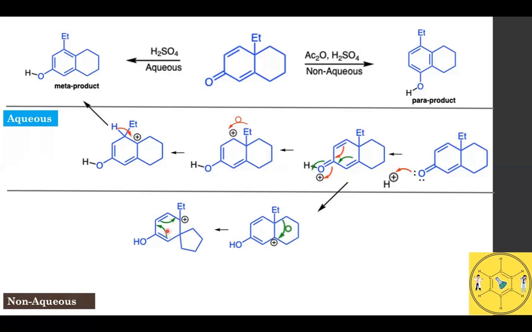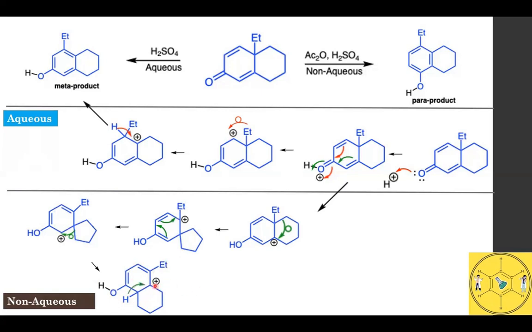Then this electron shifted towards this carbon, then this electron shifted to this carbon, resulting in the generation of a new carbocation center, followed by a ring expansion. This carbon-carbon bond breaks down, and the bonded electron moves towards the carbocation center, leading to ring expansion, which generates this tertiary carbocation.